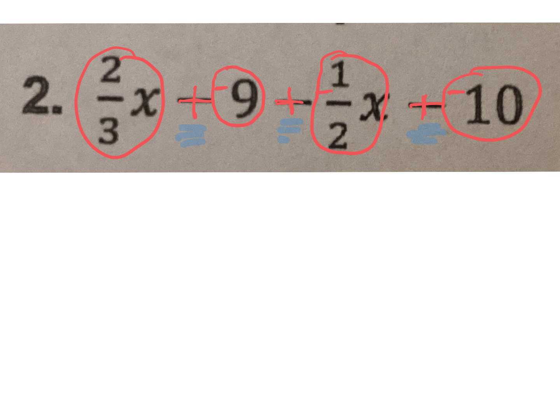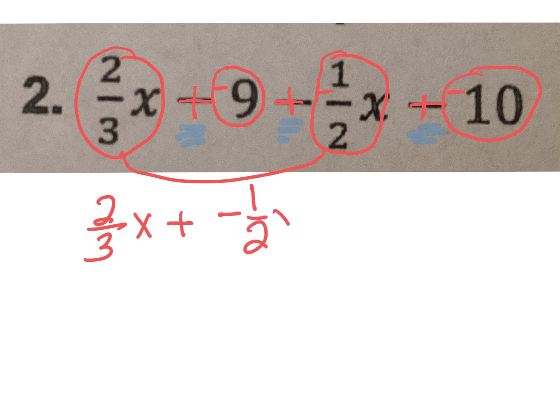Now I want to see what my like terms are. I know that this and this are like terms, so I bring them down: 2/3 x plus negative 1/2 x. Okay, whenever I add fractions, I need to have the same denominator. So I know the common denominator is going to be 6.